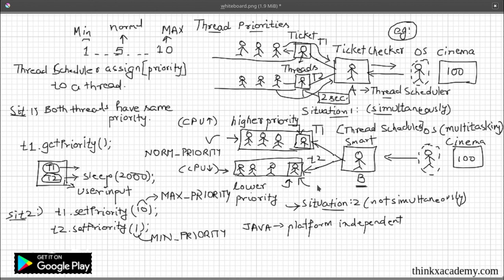Now I'm going to explain a very important concept, which is that in both of these situations there is a limitation. Let's say there is a person C who is a much more experienced person and has already seen these two situations.